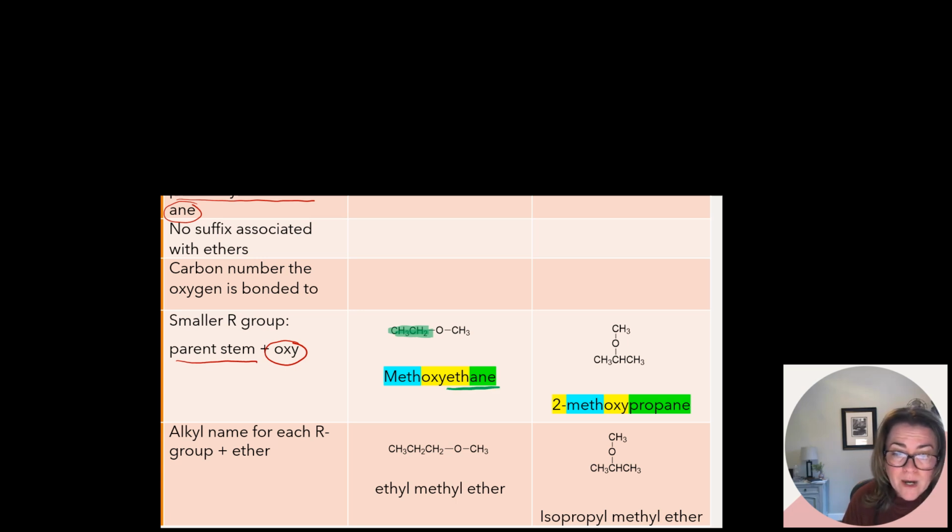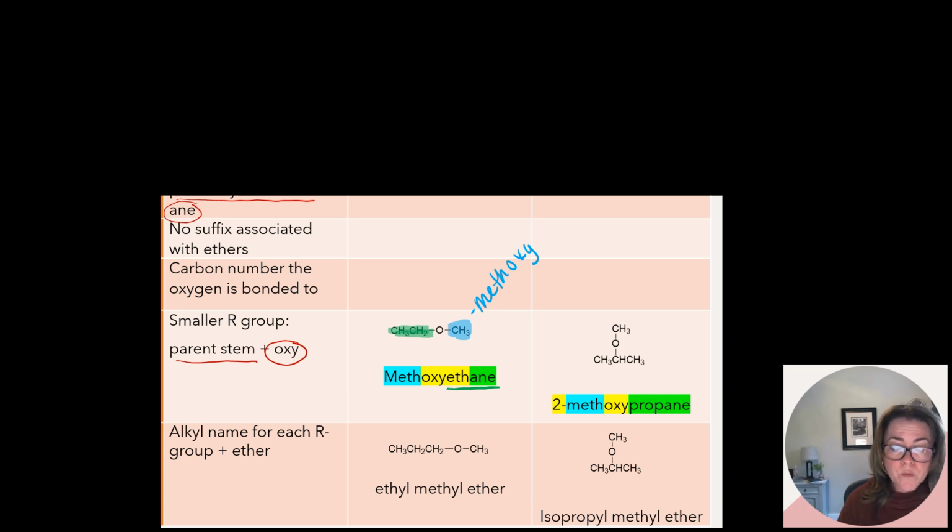Our smaller chain, our smaller R group, is this methyl group. And so we are going to change the ending from methane to methoxy. And so this is where we get our methoxyethane.